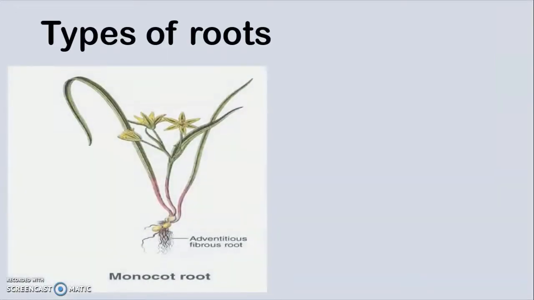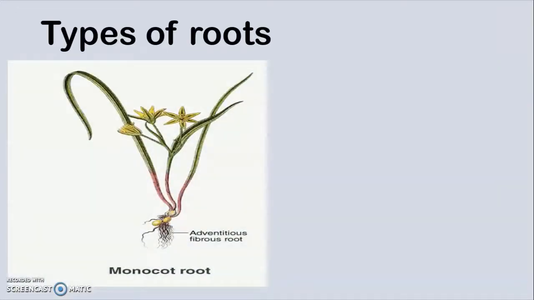Types of root. Okay, look at this picture. Monocot root, that is adventitious fibrous root. Okay, remember the fibrous root. As you can see, it looks like more sprouts.